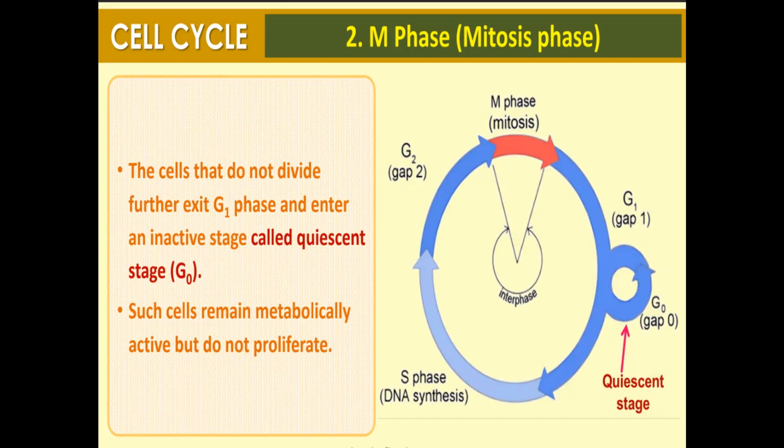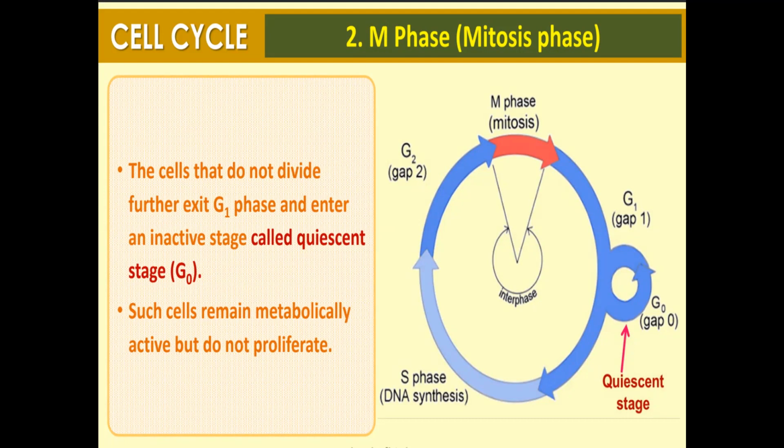Then M phase, mitosis phase: the cells that do not divide will enter a phase called G0 stage. Okay. Such cells remain metabolically active, but they do not divide. They do not make copies. So write G0 phase.